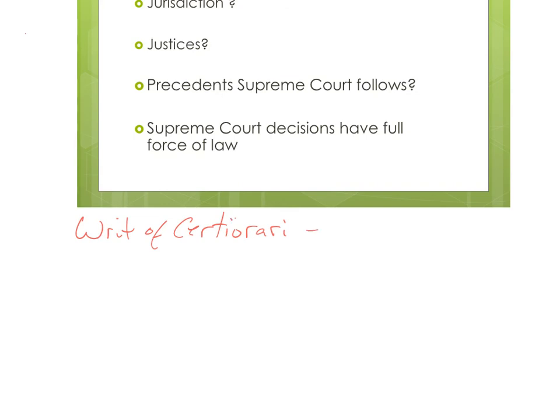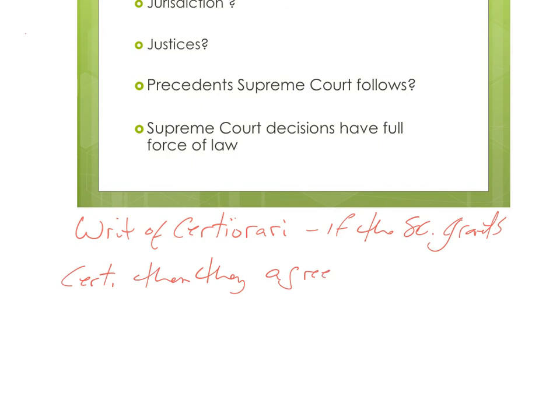Essentially, if the Supreme Court grants cert, then they agree to hear the case.